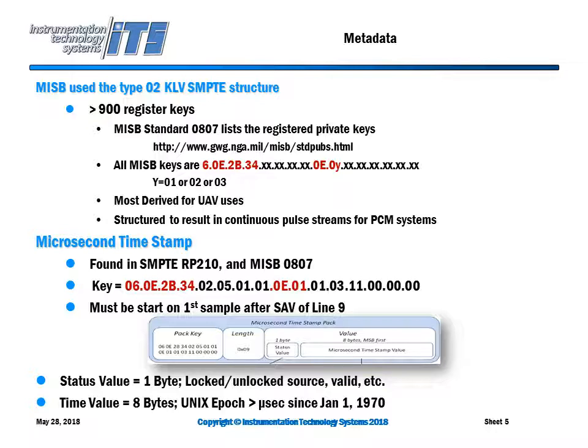That is the microsecond timestamp that's used by both SMPTE and MISB, and is what's referred to in our world as the microsecond timestamp or the MISB timestamp and several other names. All of our equipment comes with the ability to write and decode the microsecond timestamp and convert it to Julian or Gregorian dates for overlay.